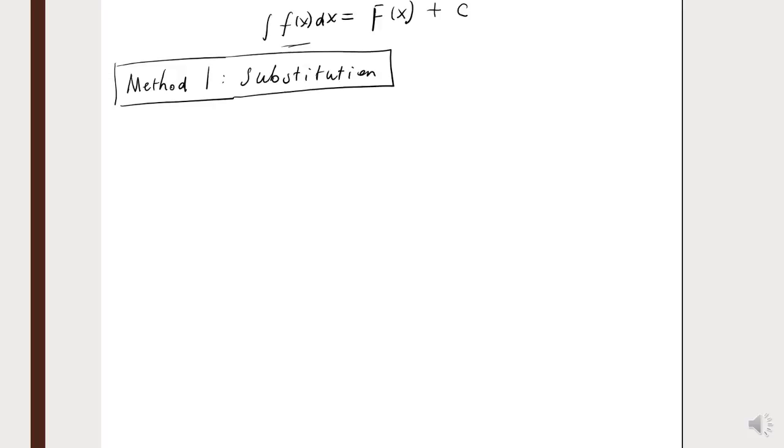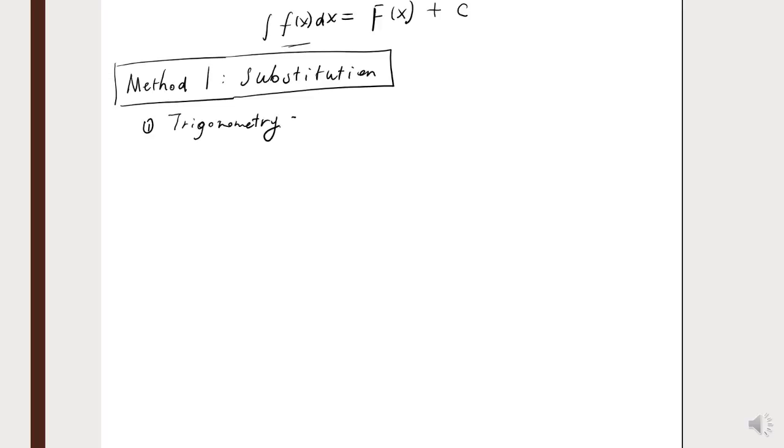In the substitution method, we have different sub-methods to substitute our original variable such as x with something else. But the first sub-method is called the trigonometric substitution.